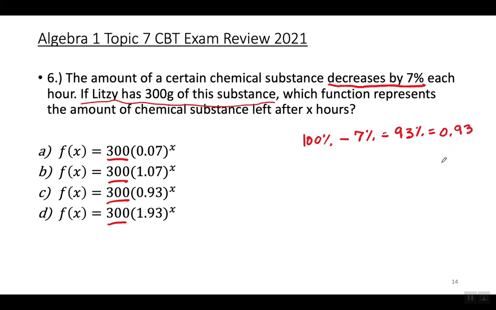Another way is 1 minus the rate of decay. The rate of decay is 7%, but when you write it as a decimal, you move the invisible decimal point 2 times to the left, making it 0.07. So 1 minus 0.07 will also equal 0.93. In any event, this is the correct answer right here.